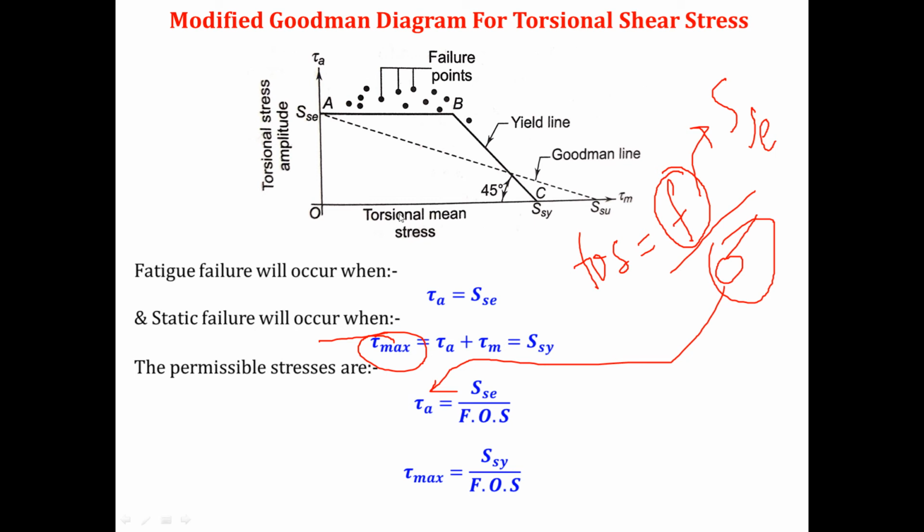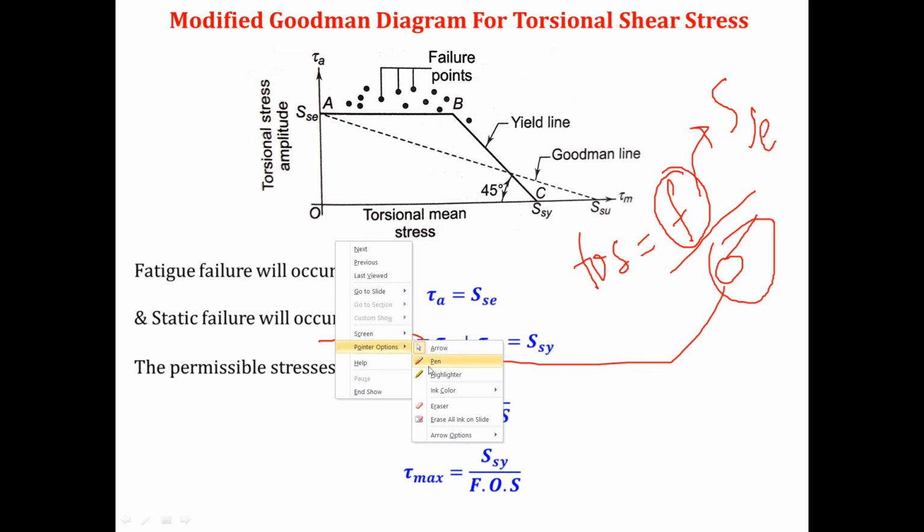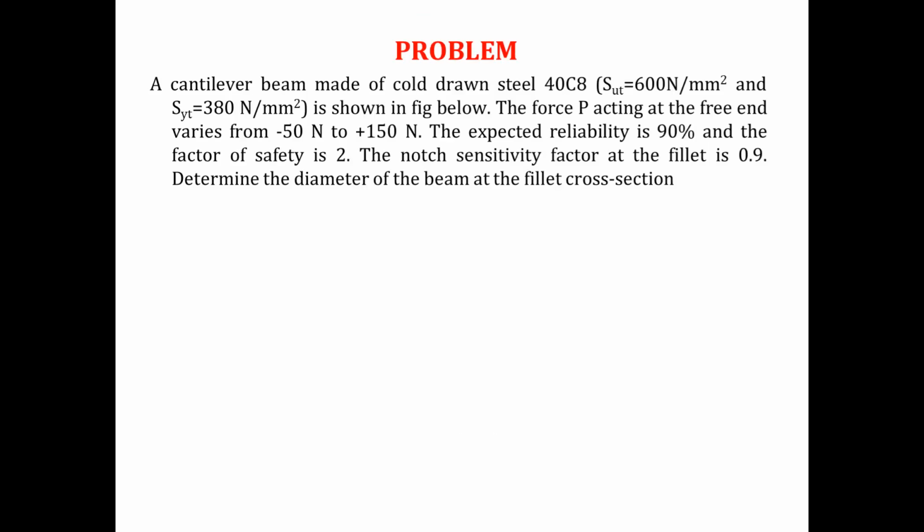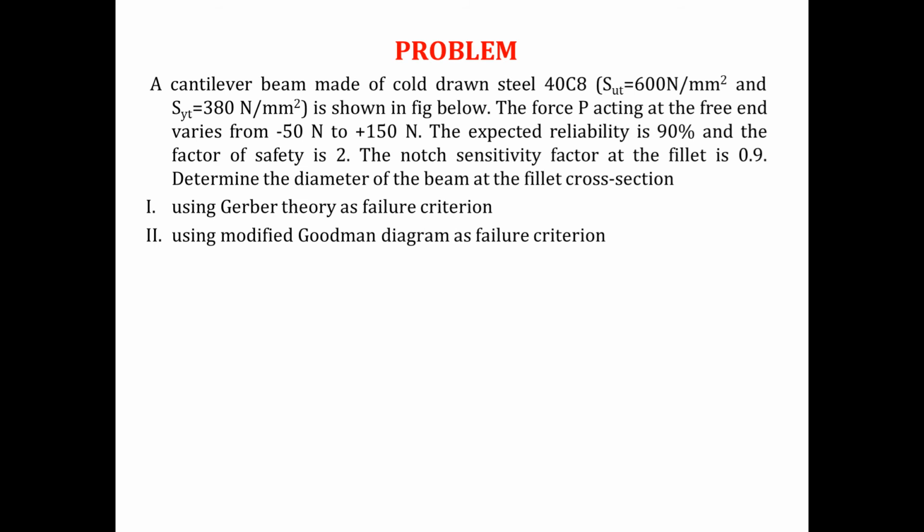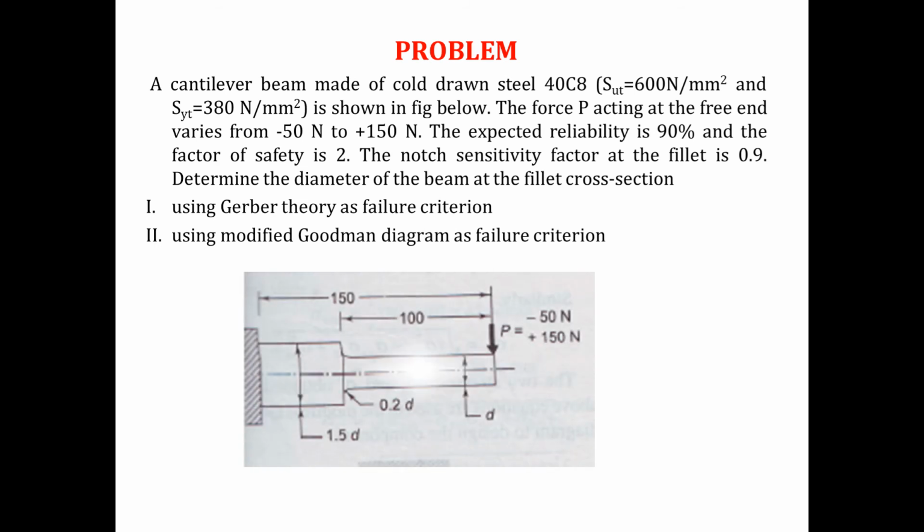Okay, so let us solve a problem. Read the problem. The problem is a cantilever beam made of cold drawn steel 40C8. SUT is 600 Newton per millimeter square and SYT is 380 Newton per mm square. That means ultimate strength is given to you as well as yield strength.